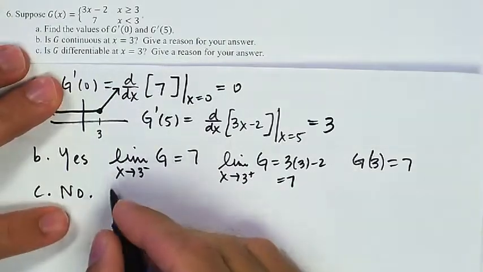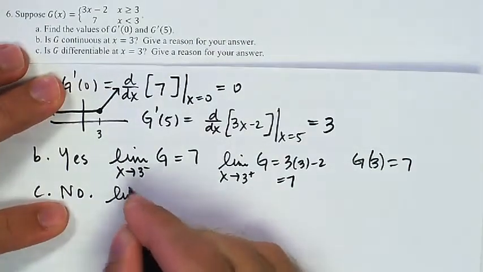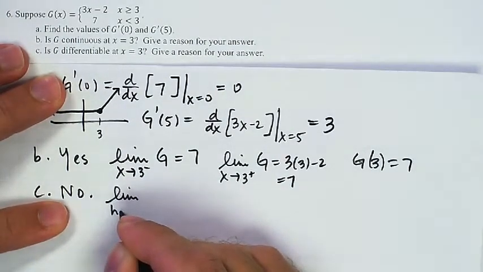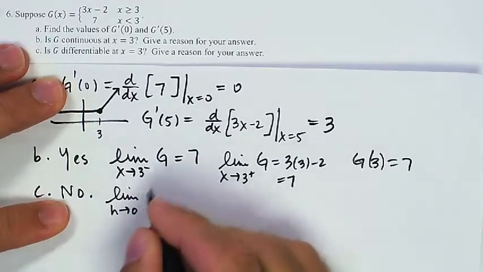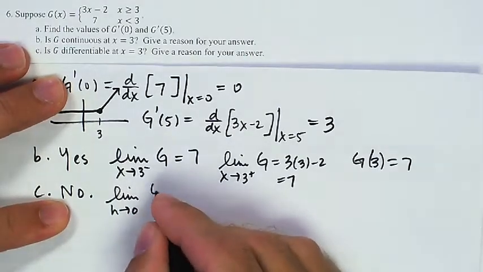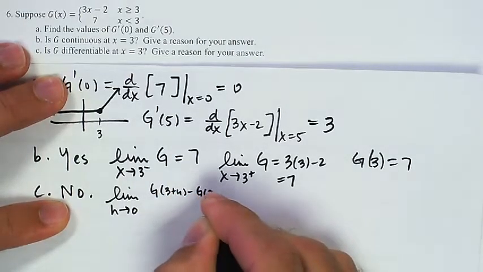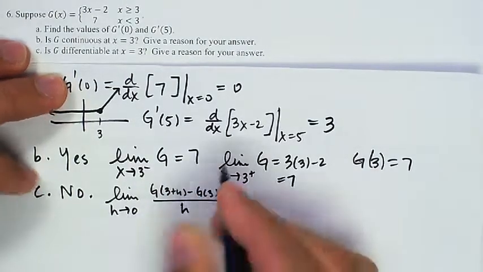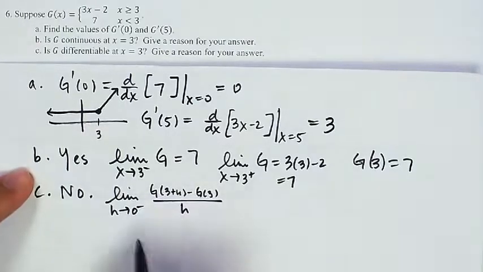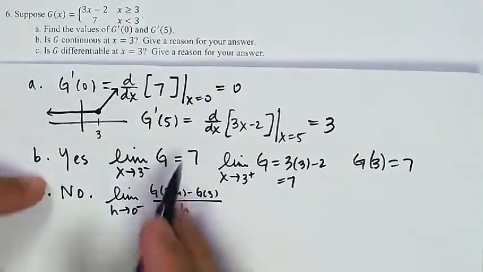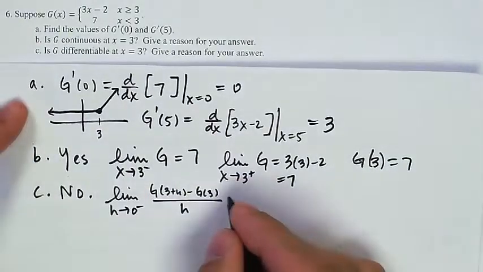Okay, well, g prime of 3 would equal the limit as h approaches 0 of g of 3 plus h minus g of 3 divided by h. But, okay, as I approach this from the left side, that limit is 0.